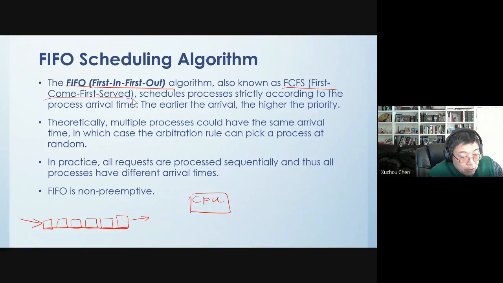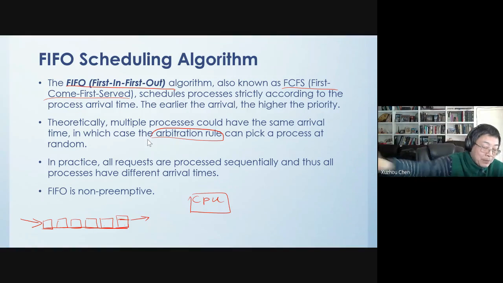It schedules processes strictly according to the process arrival time. So whoever arrives first will get the CPU first. If a couple of processes arrive at exactly the same time, then an arbitration rule applies, and you randomly pick one to take the CPU.